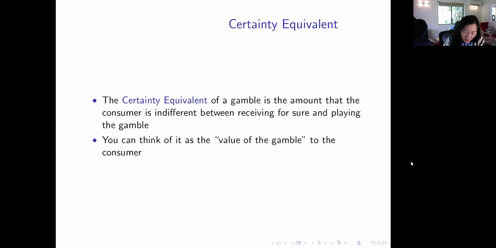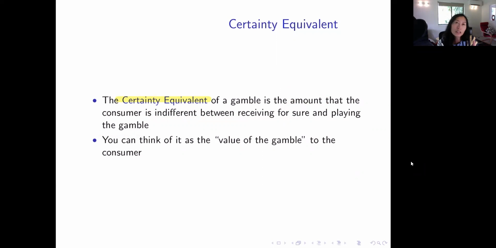We use the certainty equivalent of a gamble as the amount that the consumer is indifferent between receiving for sure and playing the gamble. So this is the wealth, the amount of money that you compensate this risk averse player to make the gamble as attractive as the sure money, right?